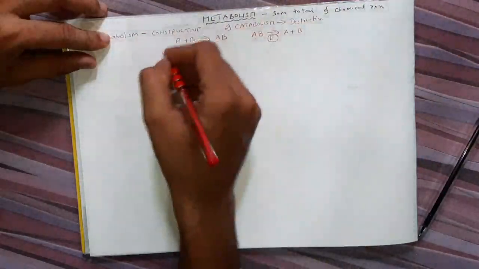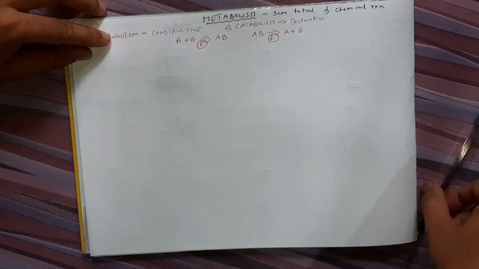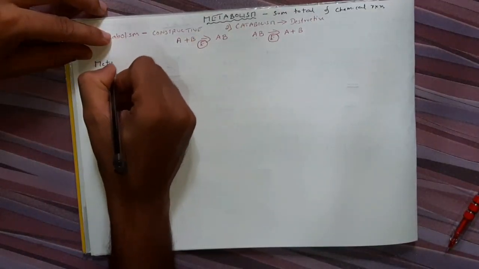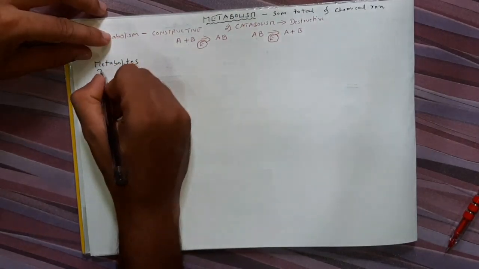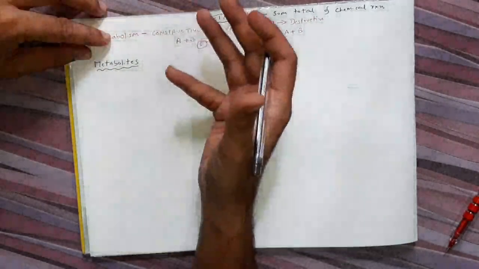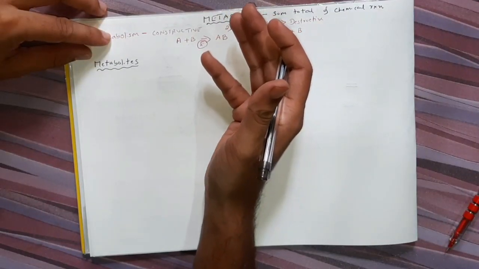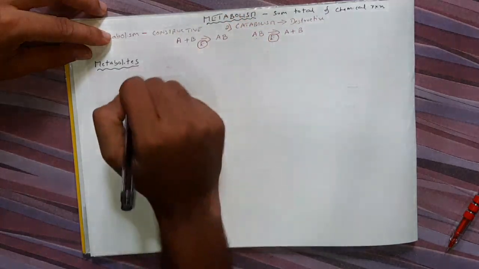Fine. Okay, so here just want to write the metabolites. What are these metabolites? Okay, so let me write here metabolites. All we have discussed in this chapter: amino acids, proteins, polysaccharides, lipids, even nucleic acids, all are metabolites.